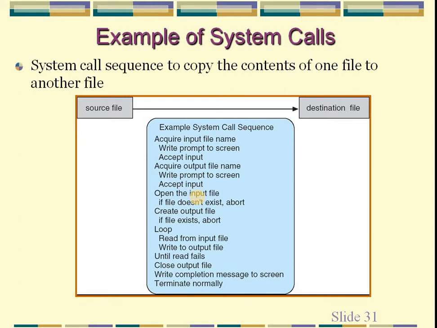Just observe the actions that are taken for copying the file, where every time a system call is made by the operating system to do each and every action. After confirming details about a file, either an error message or a prompt is shown, or further reading and writing actions are made. In this example, system calls are needed for taking input from one file and putting it into another file.